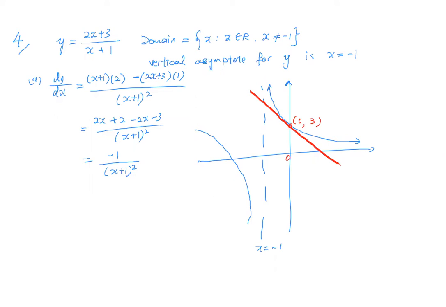So they are talking about tangent at this point and tangent at the point x equal to -2. That means I want you to show that tangents at these 2 points are parallel.